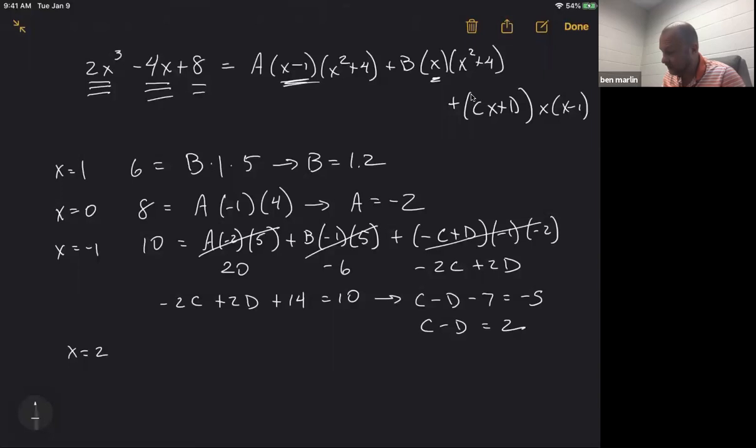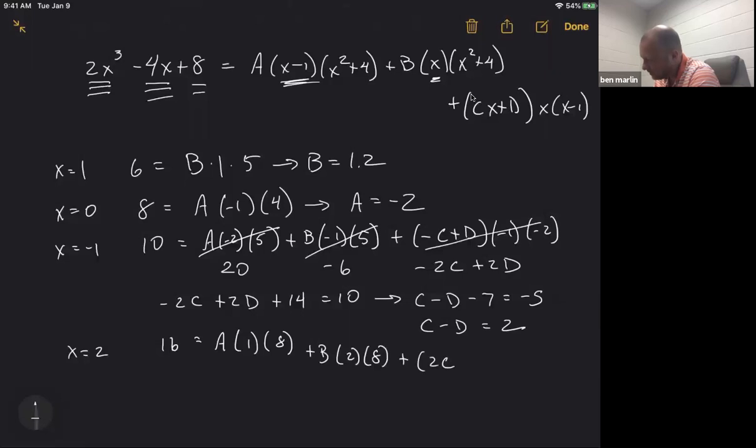Oh, so yeah, it's just 16 equals, and like before, the a times 2 minus 1 is 1, and then 2 squared plus 4 is 8, plus b times 2 and 8 plus 2c plus d and times 2 and times 1.